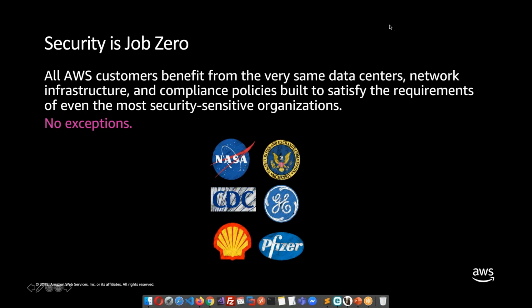All AWS customers benefit from the same data center, network infrastructure, and compliance policy built to satisfy the requirements of even the most security sensitive organizations. No exception. Even if you're a startup business, you can have the same security that NASA, the Securities and Exchange Commission of the US, the CDC, GE, Pfizer, and Shell are using.